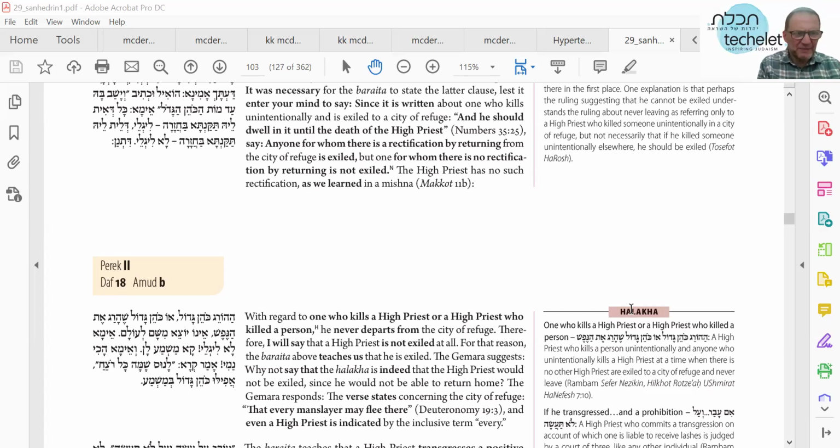You're quite right to pick up on that, Hannah. It's not a murderer. Rotzeach is the modern Hebrew word for murderer. But you're right, it doesn't mean a murderer in that pasuk, because we know a murderer, a first-degree murderer, is put to death. Only an unintentional killer goes to the city of refuge.